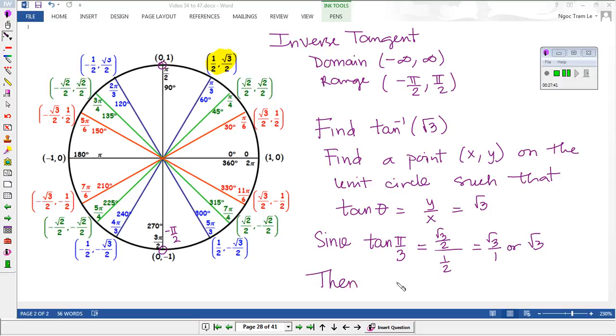This gives me square root of 3 over 1, or just square root of 3.